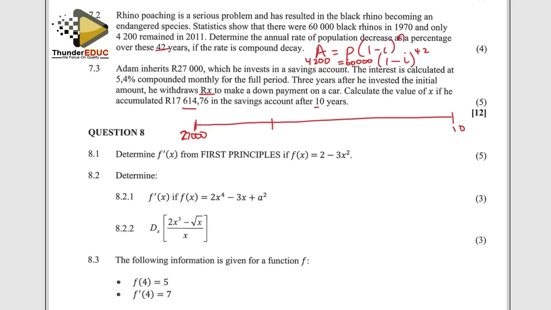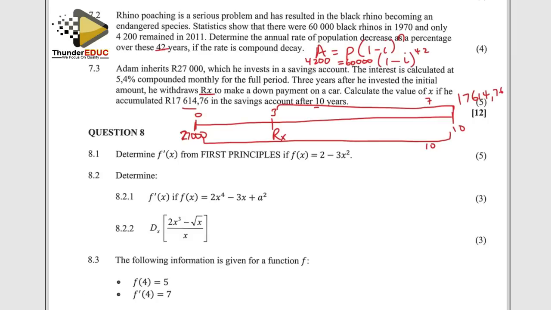Then at year number 3, there is a certain amount of money that was taken out. So this went for 10 years, then this went for 7 years. After 10 years, we had 17,614.76. How much did this person withdraw?